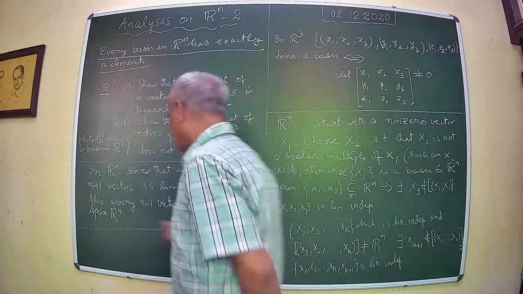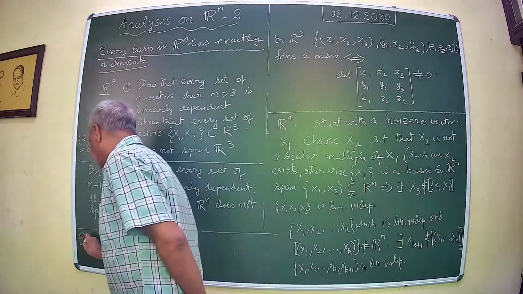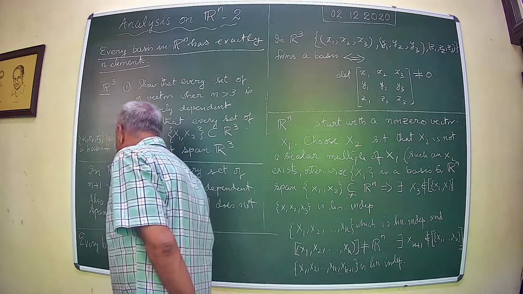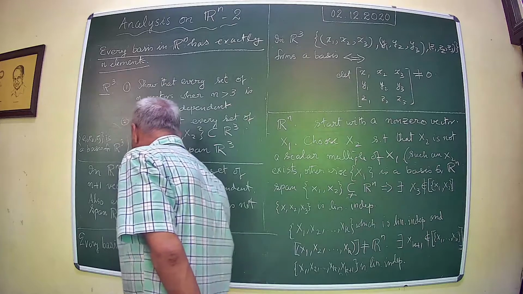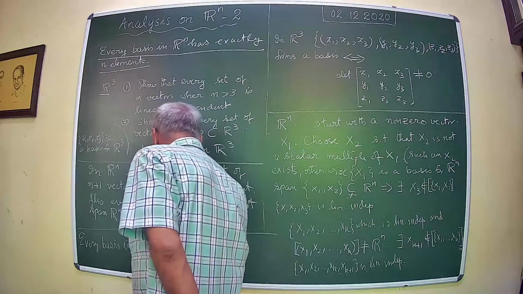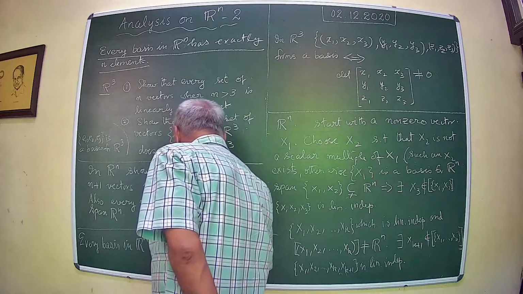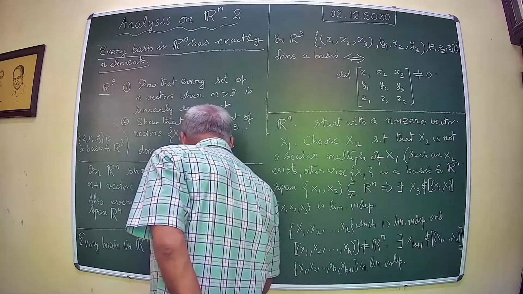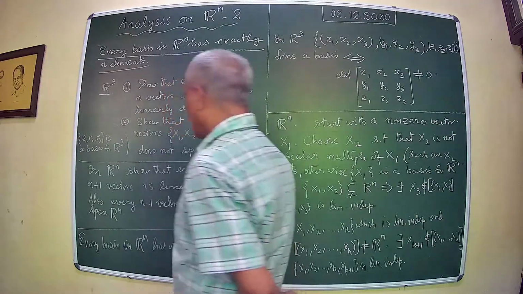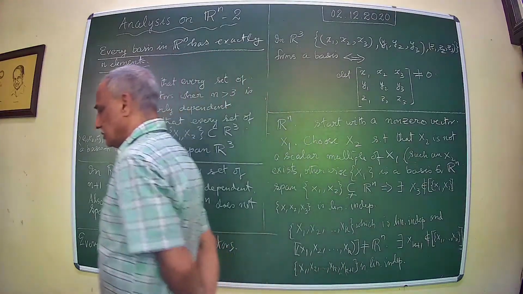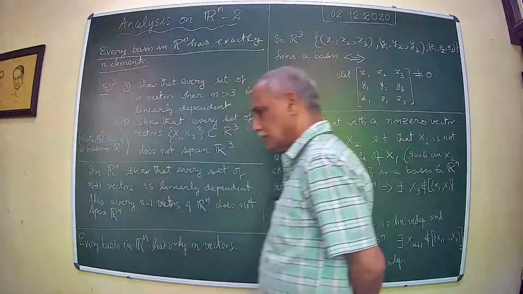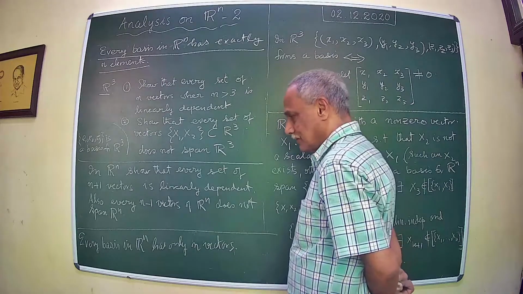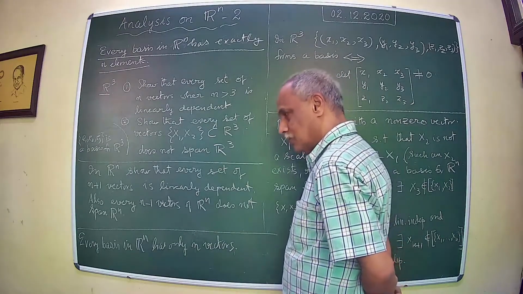So the consequence of this is that every basis consists of vectors which are linearly independent and span the whole space.